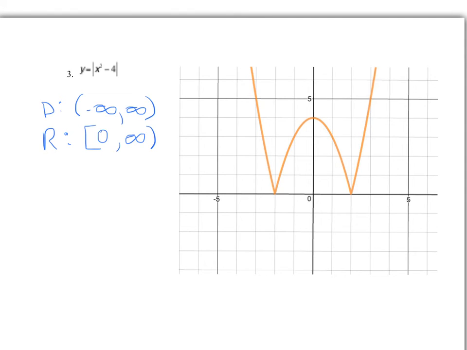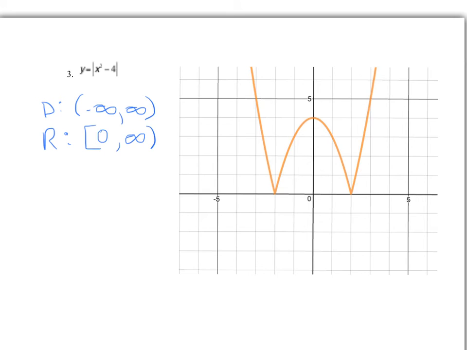Now the piecewise function, once you kind of see what's happening here, it's not too bad. And the way that you can see that is if you actually look at the original equation, y is equal to the absolute value of x squared minus 4. Well, if we just think about x squared minus 4, that's quadratic. That's going to make a parabola.